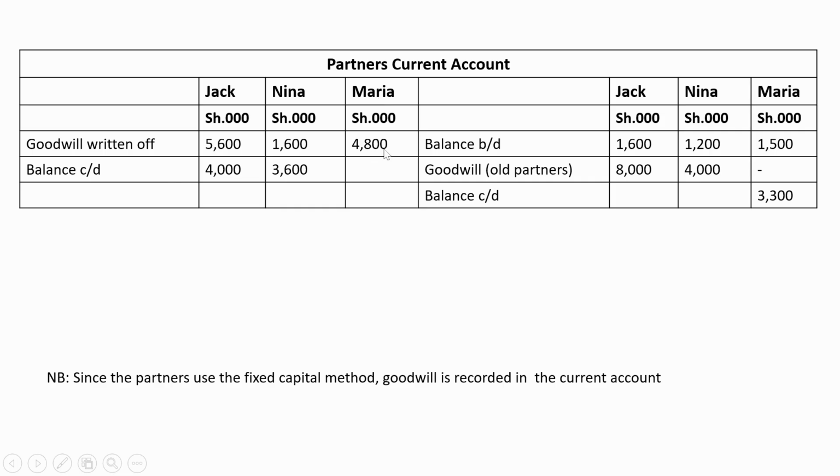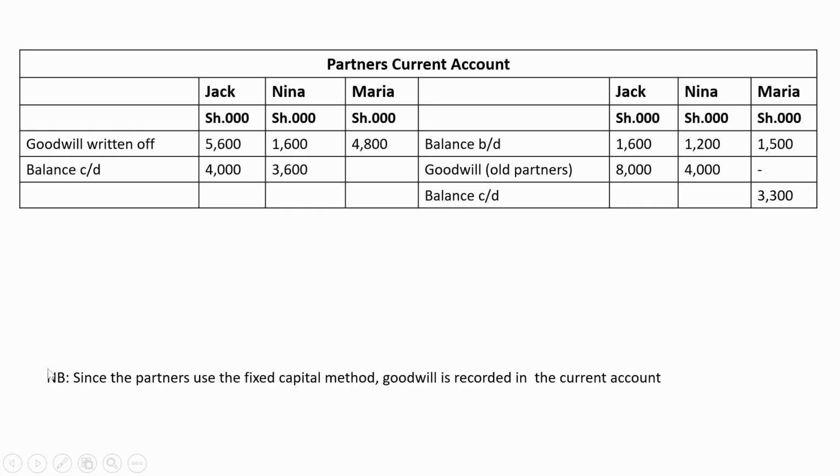So because we don't have anything else to record here, calculate the balance carried down for each. So for Jack, it will be 4 million, for Nina 3.6 million, and for Maria, it will be on the opposite side, which is 3.3 million.